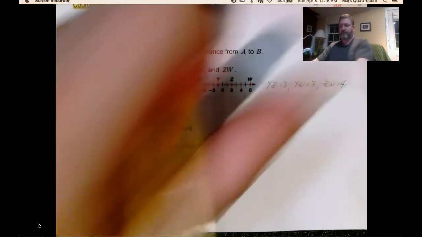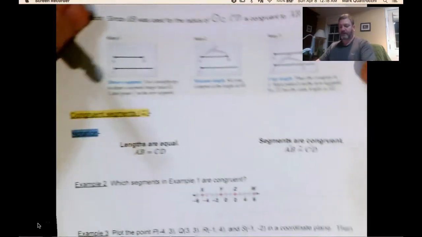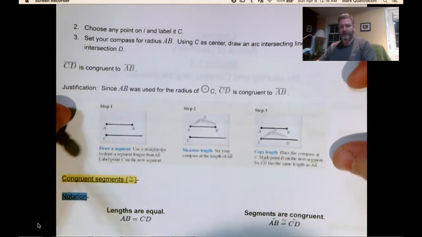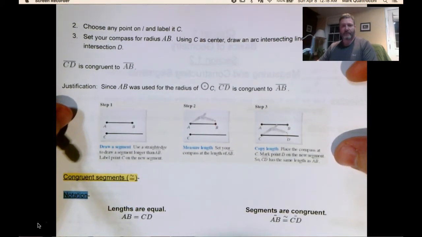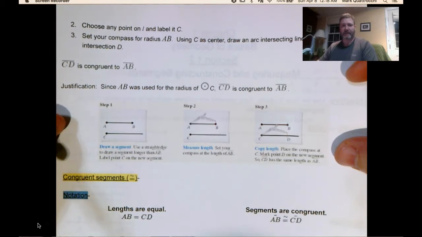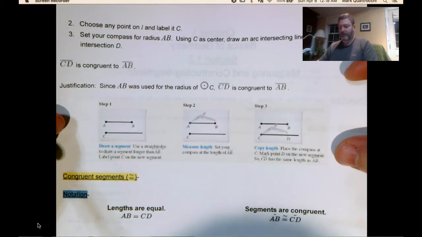For information on how to do this construction, you can read these instructions and you should follow the video that's up on this YouTube site, and it'll also be on Google Classroom. We're going to use this construction in a minute, but you want to familiarize yourself by watching the construction number 1 video.